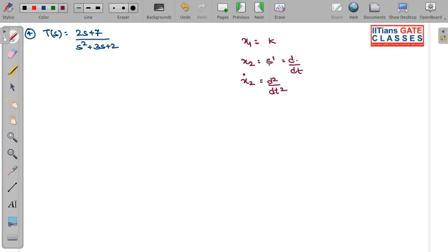So this is x2. Now what about x1 dot? It will be d/dt of the constant, so that is equal to x2. This is your x1 dot.